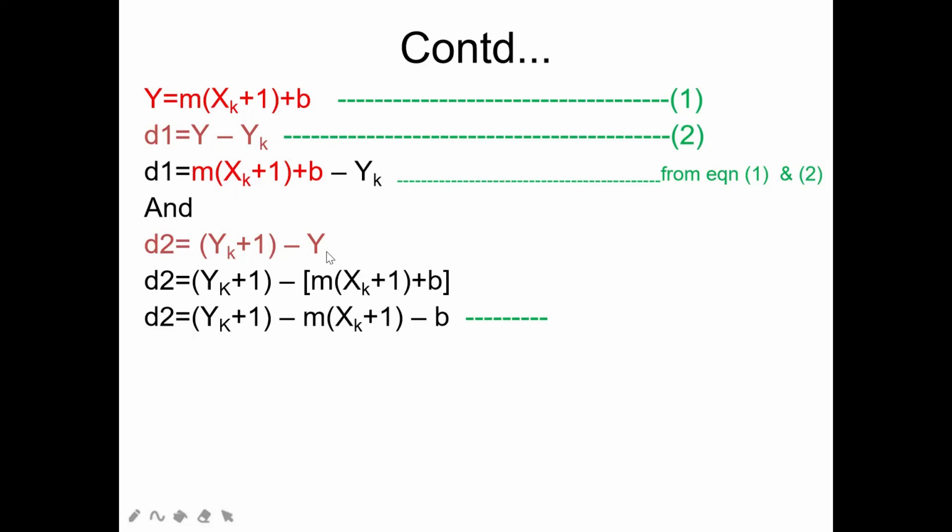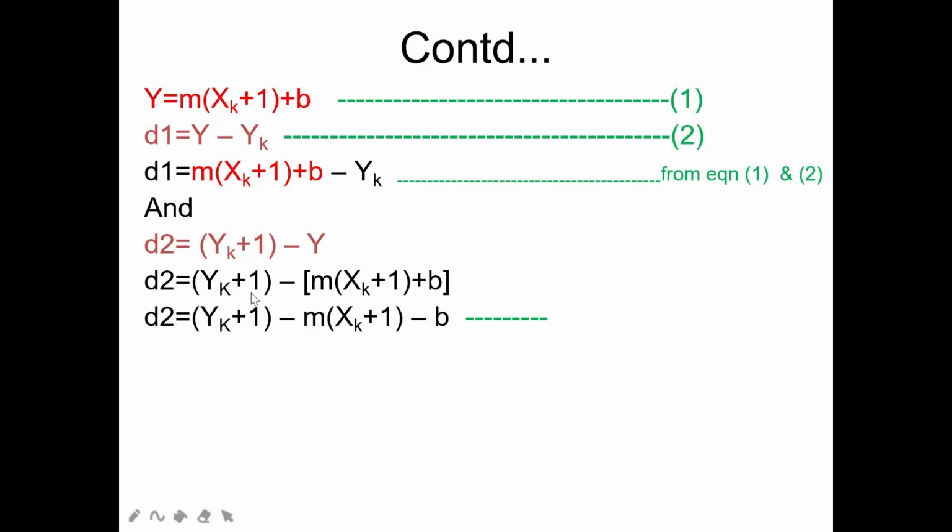Just write down everything. Now what am I going to do? Same thing. I'll replace this value of y here. What is the value of my y? m(xk+1) plus b. So I'm going to replace these things here, nothing else. I'm not changing anything else. Now in the next step, I will remove this bracket.